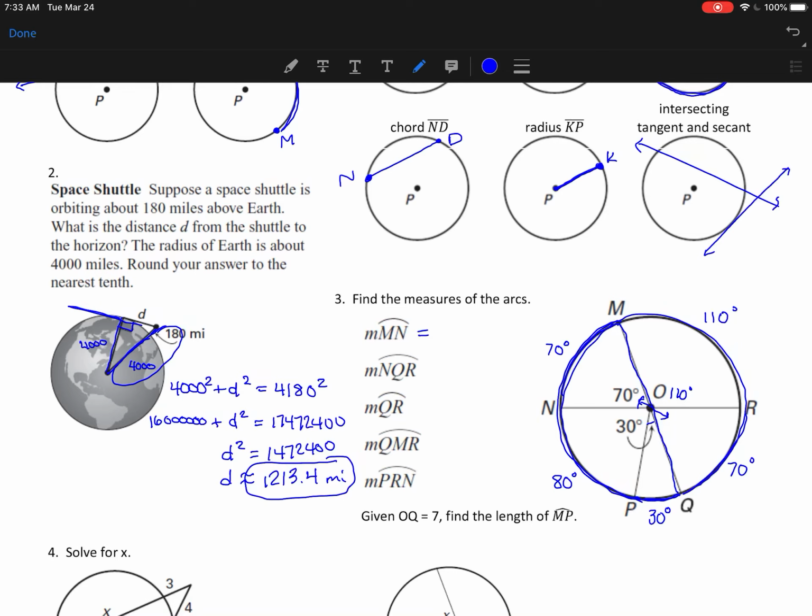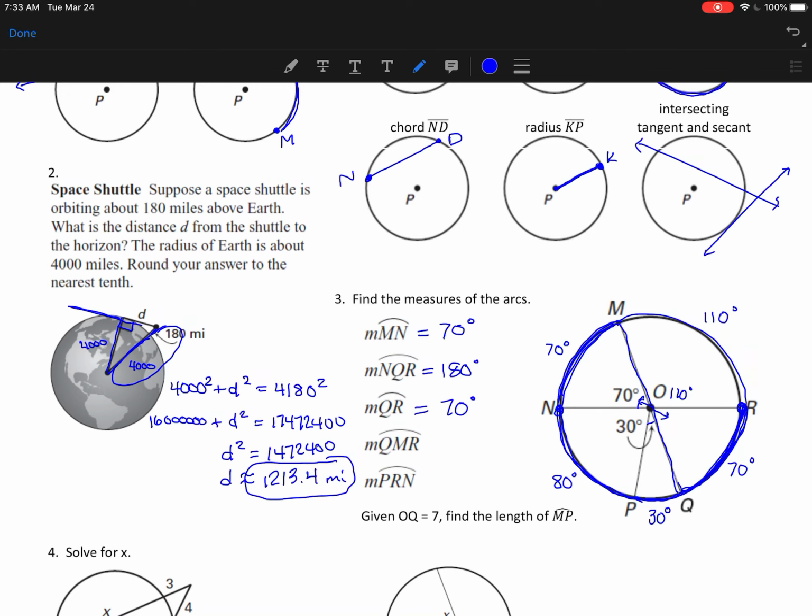So arc MN was that minor arc, that 70 degree we figured out first. NQR. So we go from N around the circle through Q and then to R. That's actually a semicircle, right? Half of a circle is 180. QR, the minor arc, QR, that was our vertical angle, so 70 again.